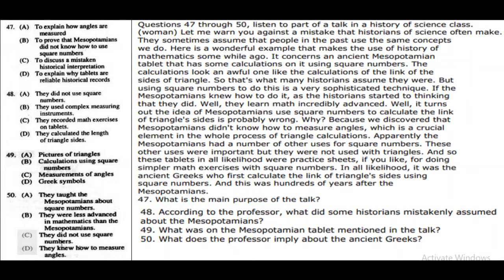Number 47. What is the main purpose of the talk? Number 48. According to the professor, what did some historians mistakenly assume about the Mesopotamians?